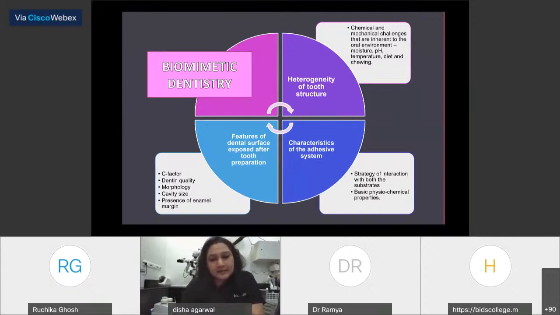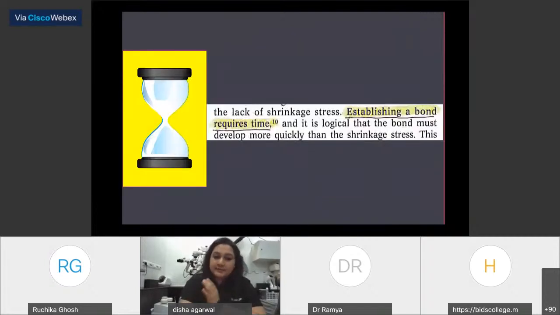To understand biomimetic dentistry, you need to master all of this: the characteristics of adhesive systems, the heterogeneity of your tooth structure, and the features of the tooth structure exposed after you've done your caries removal and your abrasions. Today, of all of this, I'll be talking about the characteristics of the adhesive systems, which is very important as a basic for a biomimetic dentist.